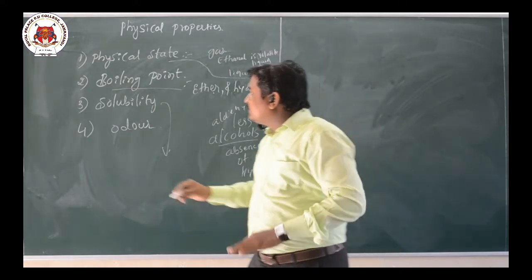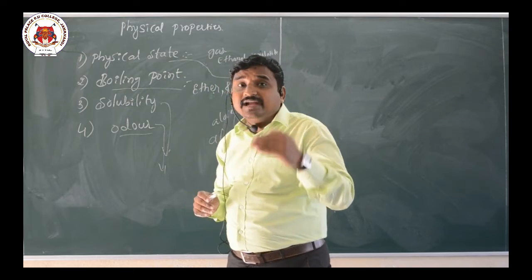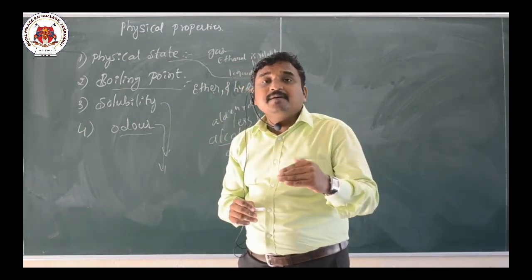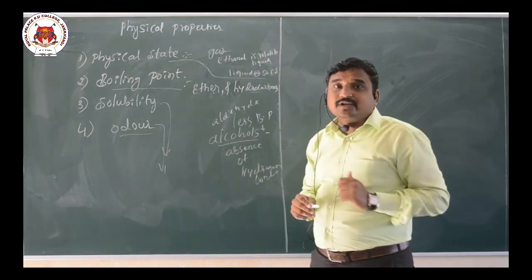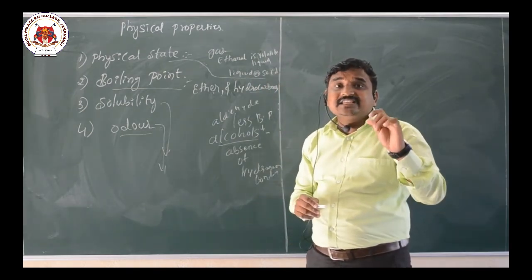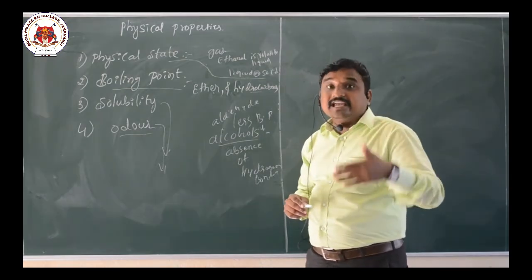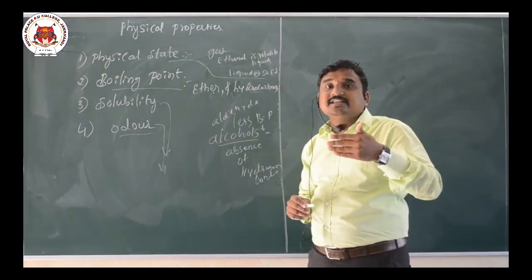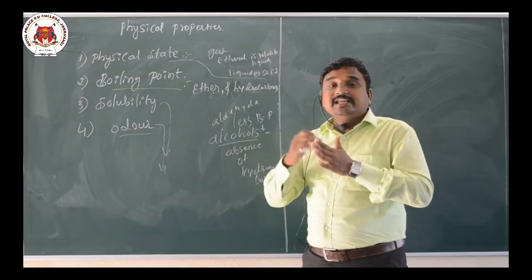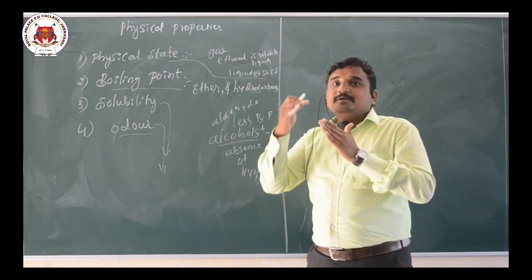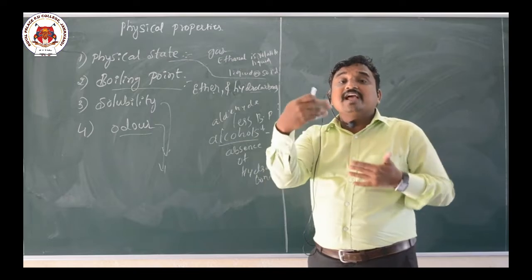Okay, next one, odor. Lower members of aldehydes have a sharp pungent odor. But as the size of the member increases, for higher members, the pungent odor becomes less and they become more fragrant.